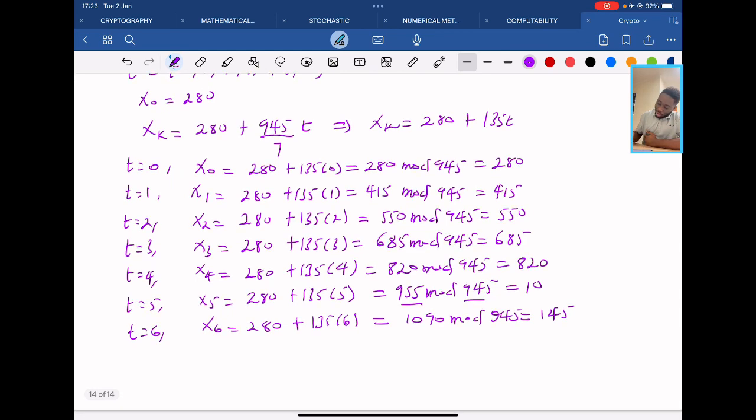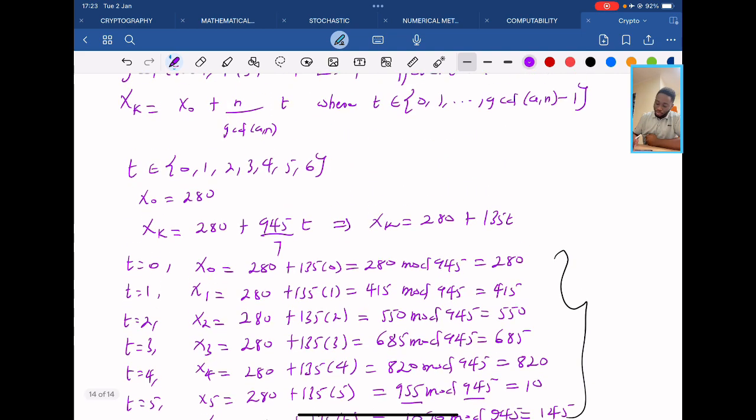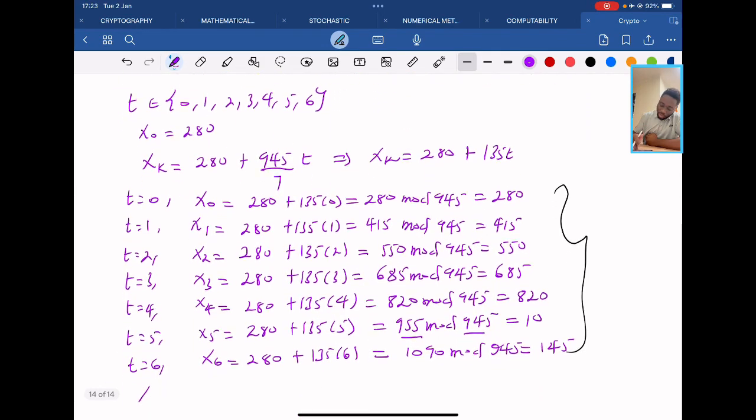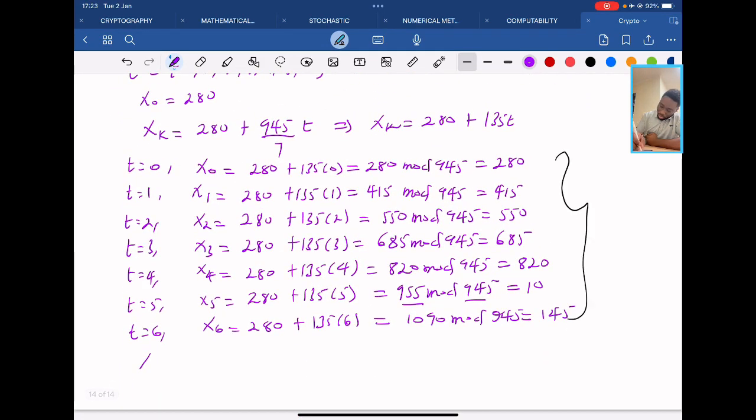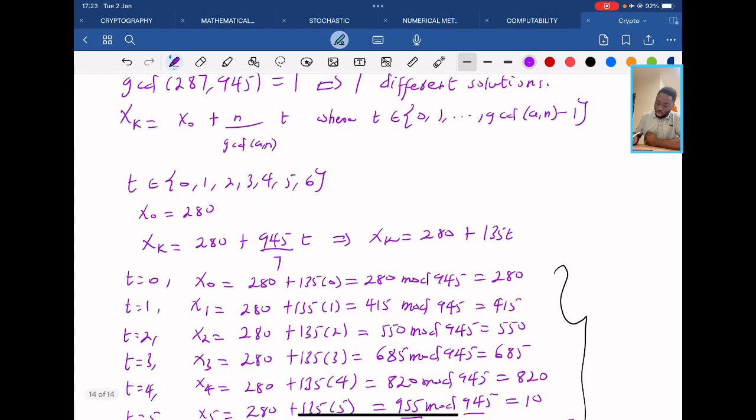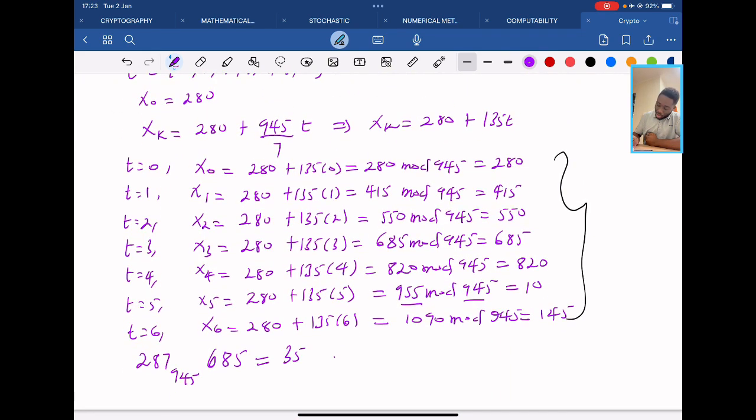So these are the x values satisfying the equation, meaning that if we have 287 modulo 945, then any of these x values, say 685, we should be able to get 35 in Z945.